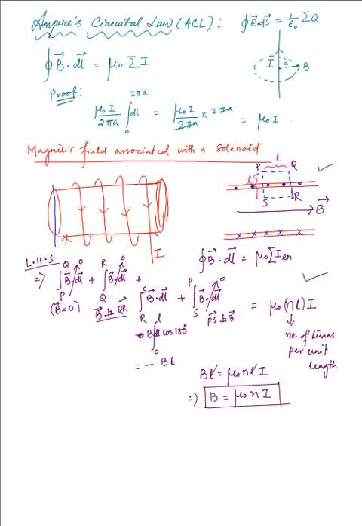In case we consider any other medium with some other magnetic permeability, then for any other medium we will be getting the value of B to be equal to mu r times, which is the relative permittivity, sorry, the relative permeability of that medium, mu r times mu naught N times I.